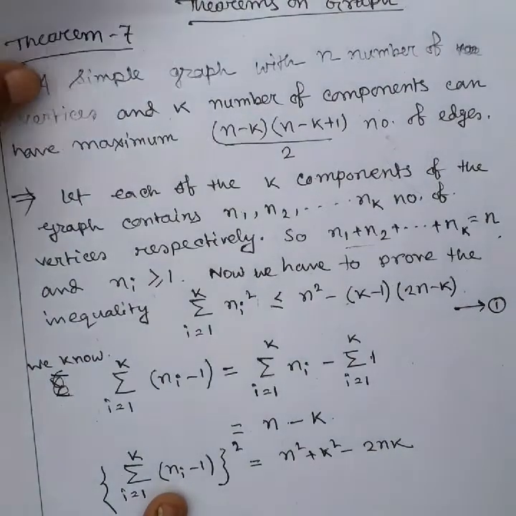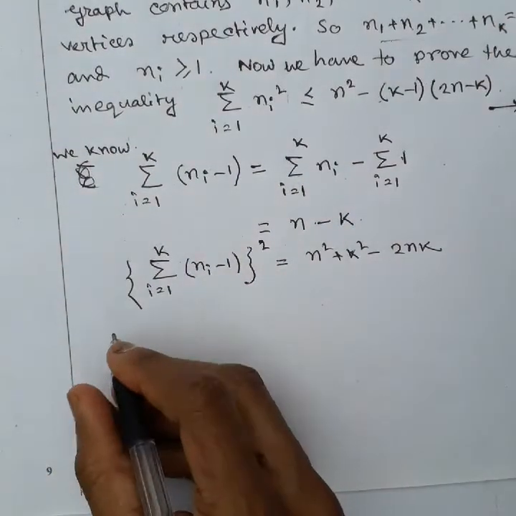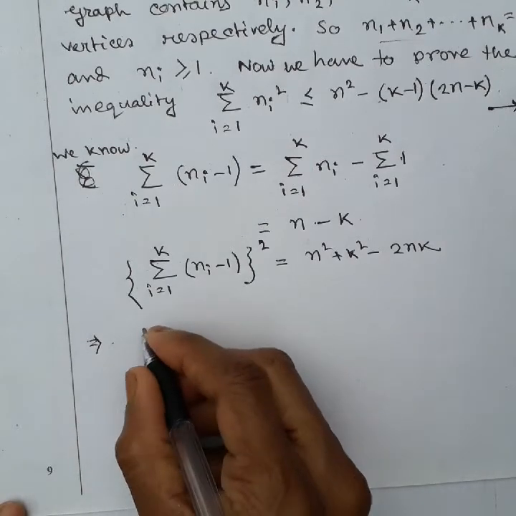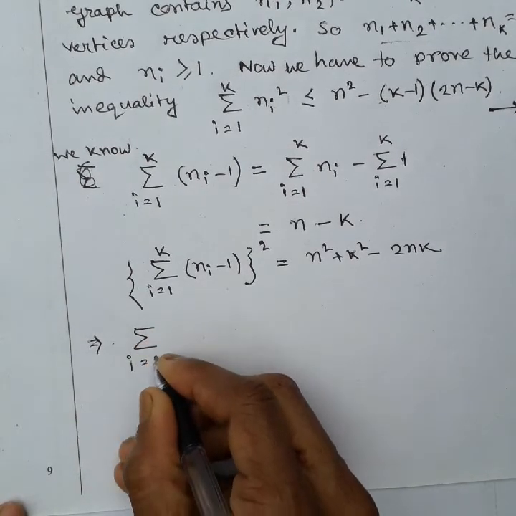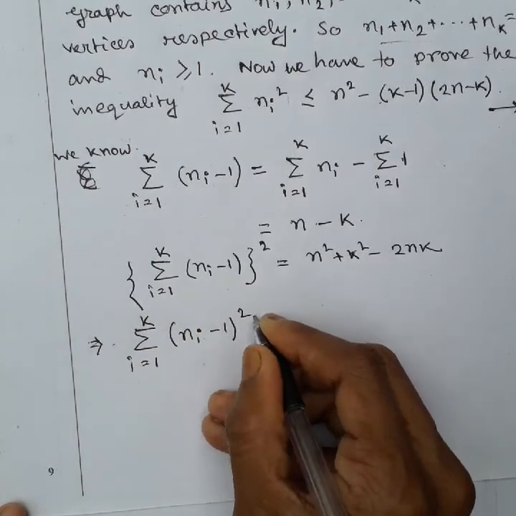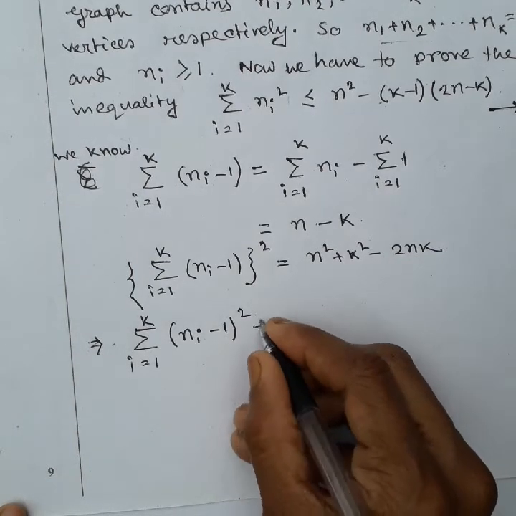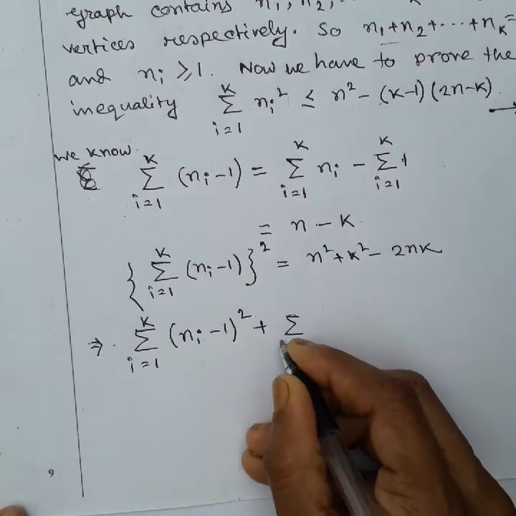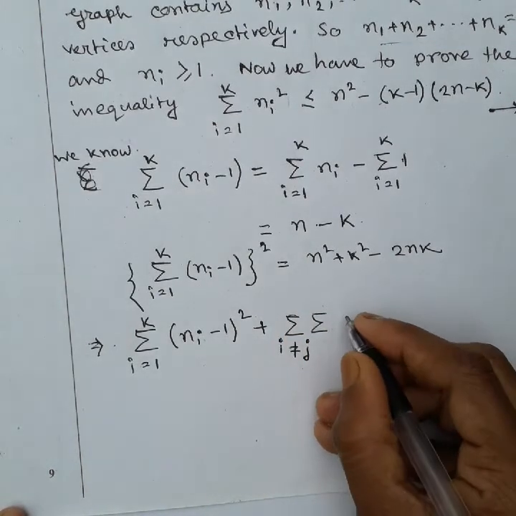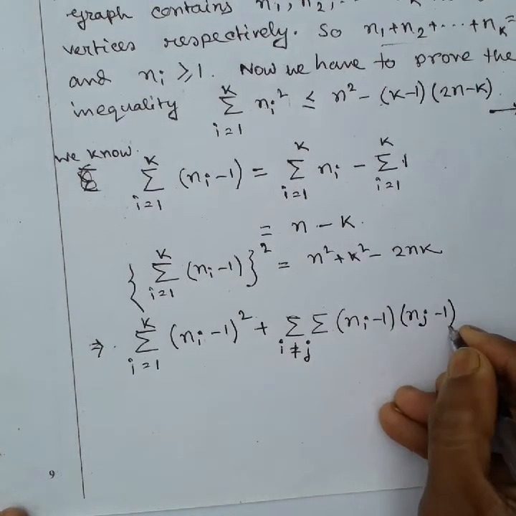Okay, so we have this equals summation of i equals 1 to k of (ni minus 1) whole square plus the double summation, i not equal to j, of (ni minus 1) into (nj minus 1).